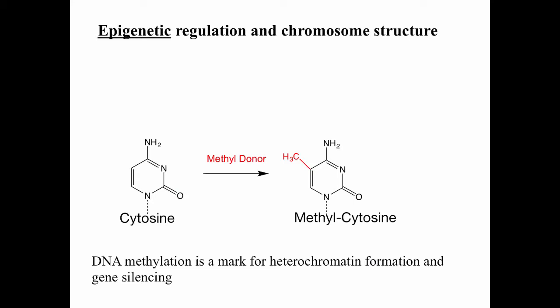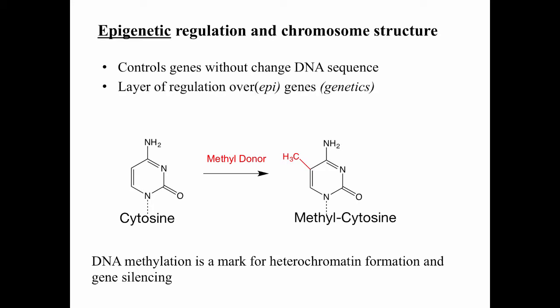Okay, so let's talk about epigenetic regulation and chromatin structure. Epigenetic means to control genes without changing the DNA sequence. Literally it means a layer of regulation over genes, that's where the epi comes from.